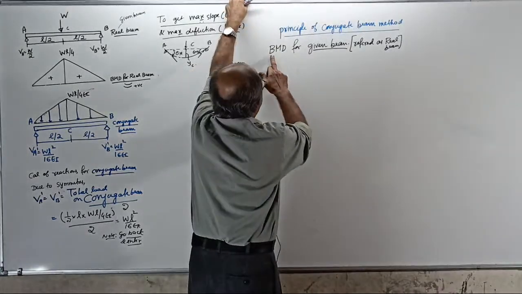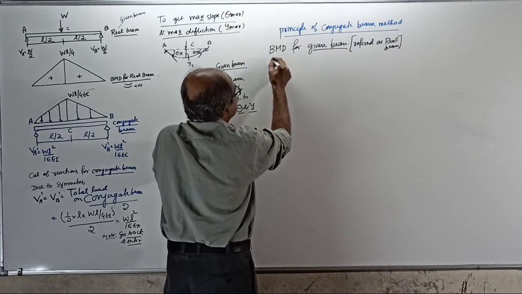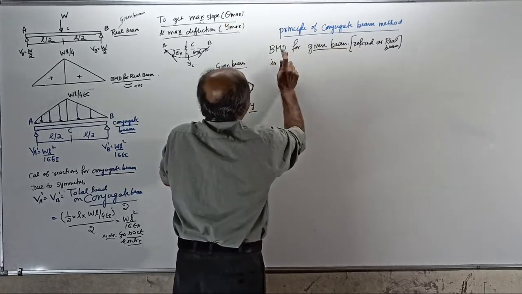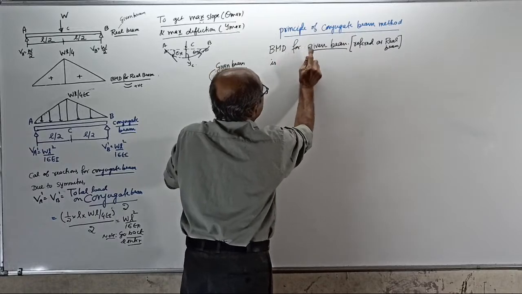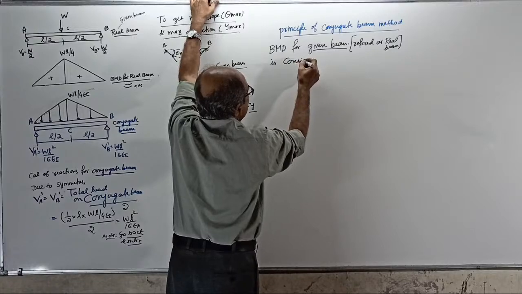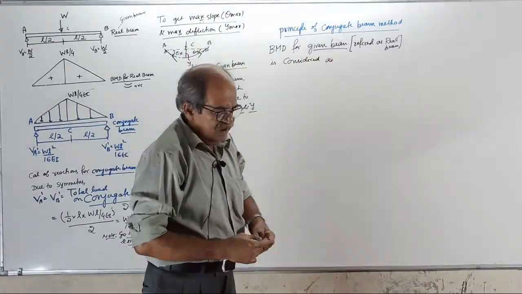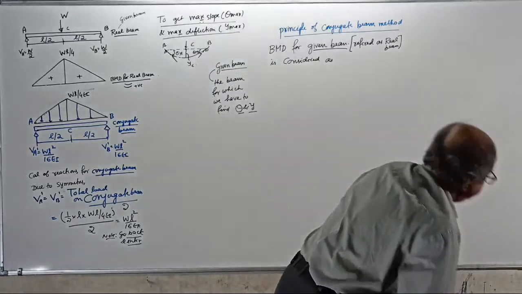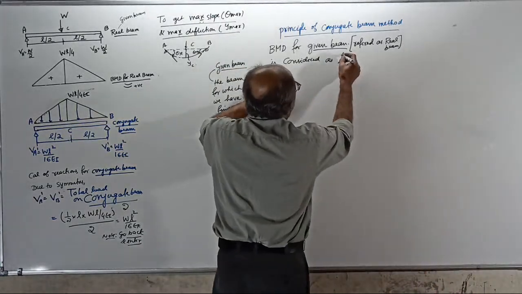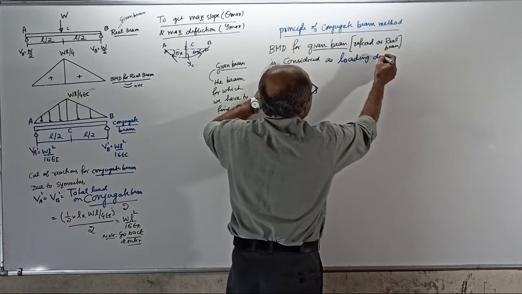So brackets are not to be seen for the definition. See, the bending moment diagram for the given beam is what? Don't see the bracket. The bending moment diagram for the given beam is considered, very important, as a loading diagram.